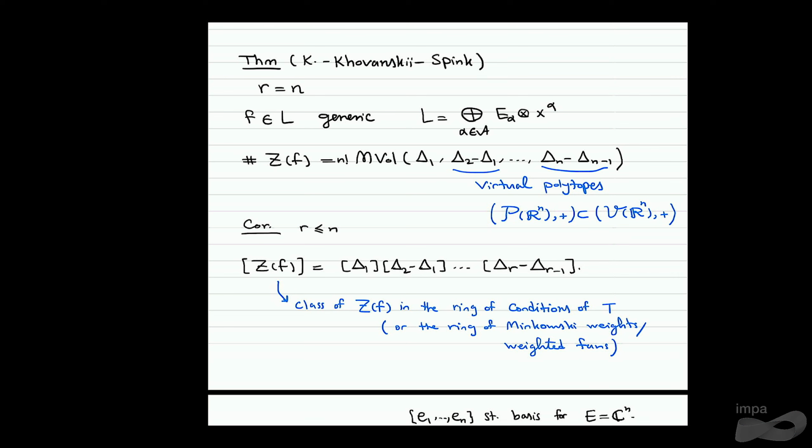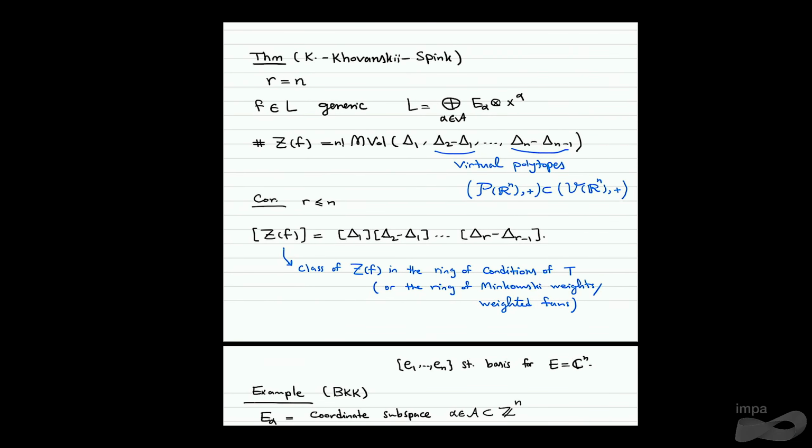But there is a combinatorial description of the class of this variety, the intersection theory class of this variety. This is a little bit different formula. Out of this you can compute the weighted fan of the subvariety, but it's given in a little bit different style, as a product of classes of polytopes or virtual polytopes.